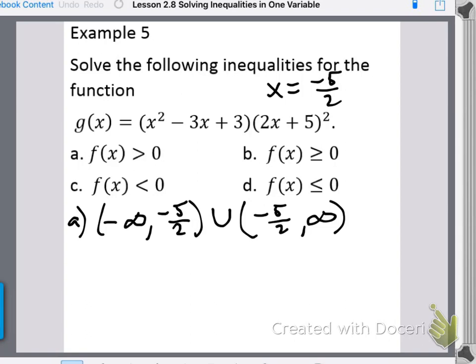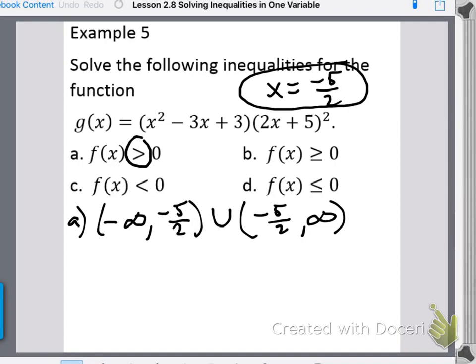And the reason why we don't include negative 5 halves is because negative 5 halves is the lone 0 for the function. Also, look, it says greater than 0, not equal to 0. That's the other thing.